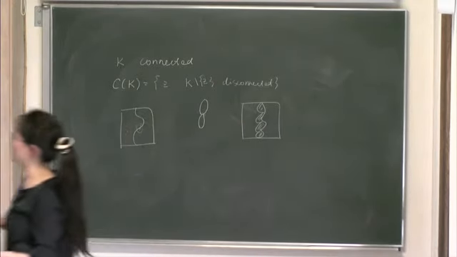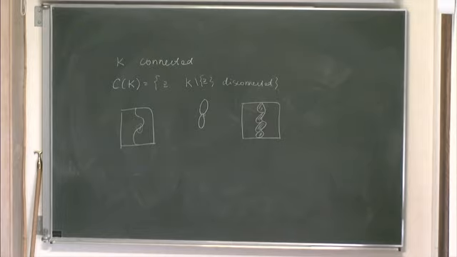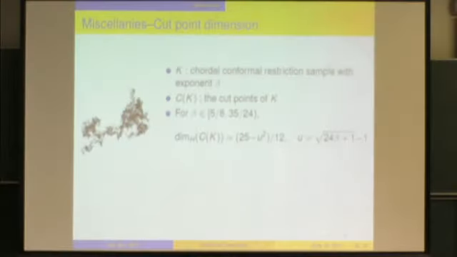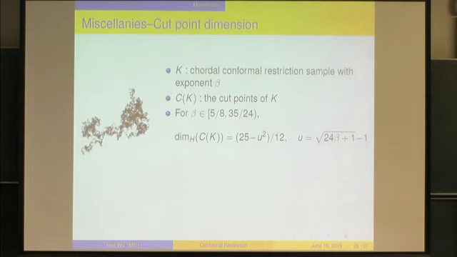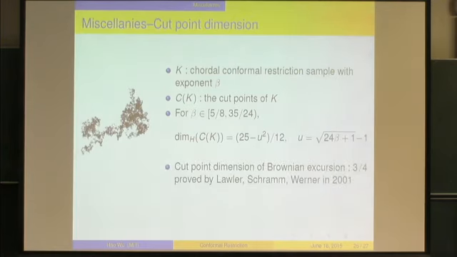Now we can prove that the Hausdorff dimension of the cut point is given by this formula. It is consistent with the previous result about the cut point dimension of Brownian excursion. The Brownian excursion corresponds to the beta equals 1 case. Now we can prove the cut point dimension for all chordal conformal restriction samples.